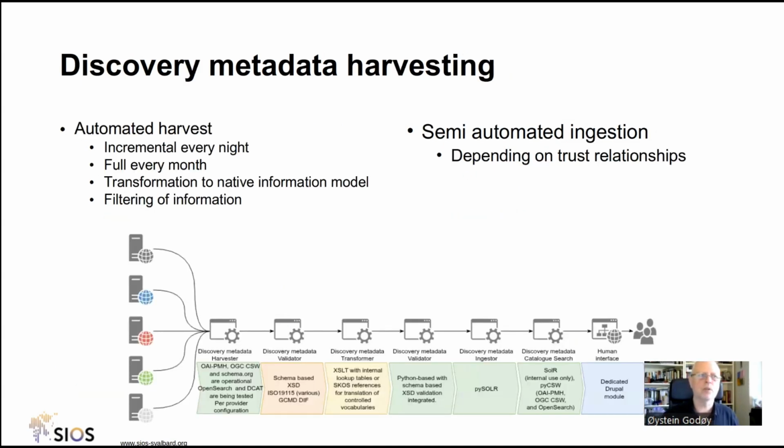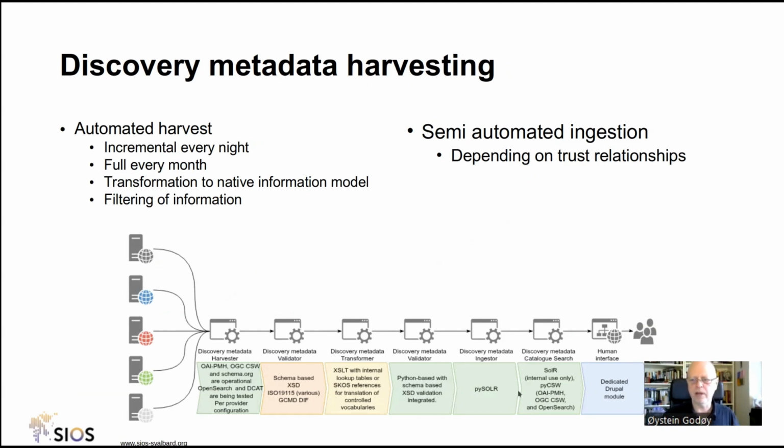When it comes to the discovery metadata harvesting, the important thing here is that if it is garbage in at the start, the result we get out at the other end, the consumer end, will be garbage as well. We can't actually fix issues that are present in the input information.